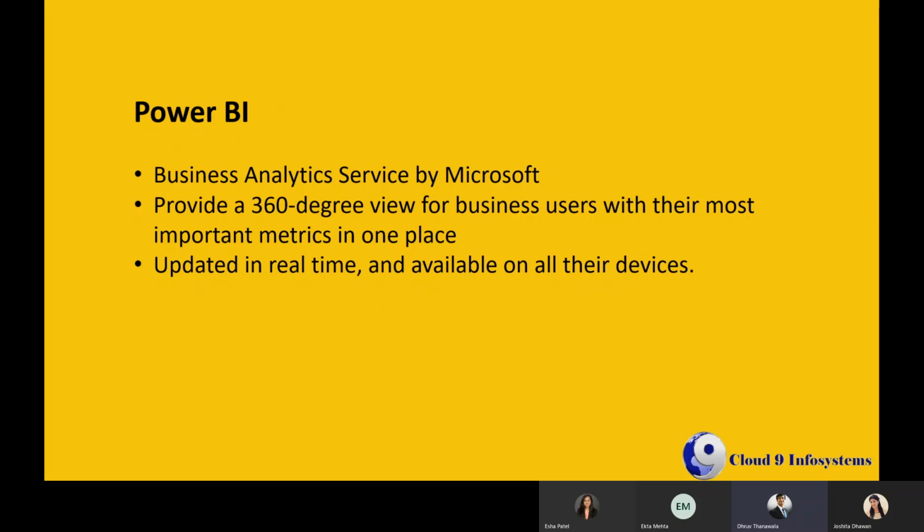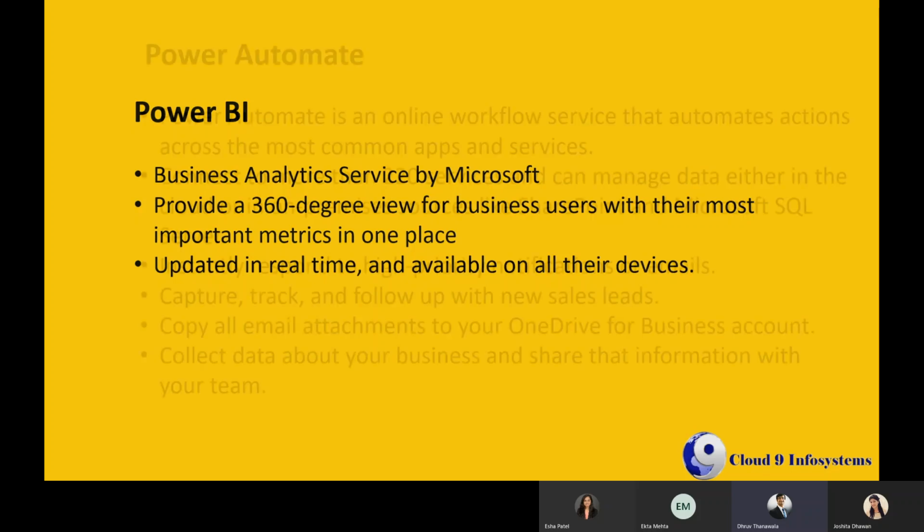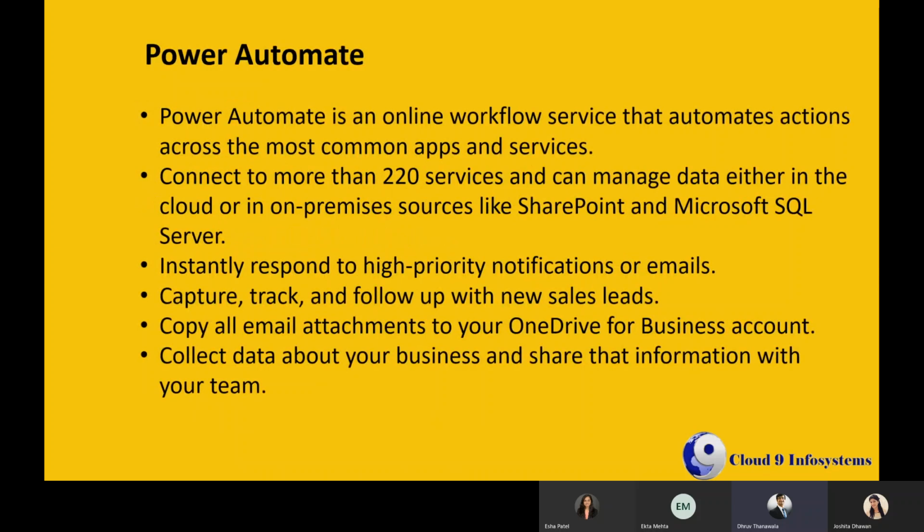So this is Power BI, and second is Power Automate. Power Automate is an online workflow service that Microsoft provides. It is used to automate actions across the most common apps and services. It connects to more than 220 services and can manage data in cloud or on-premise sources like SharePoint and Microsoft SQL Server.